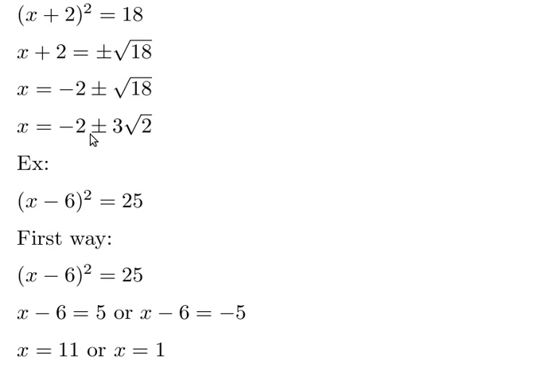Why did we not simplify this? Why did we leave it with a plus or minus here? The reason why is because if you separate these into two different equations, and I'm going to go ahead and do that.